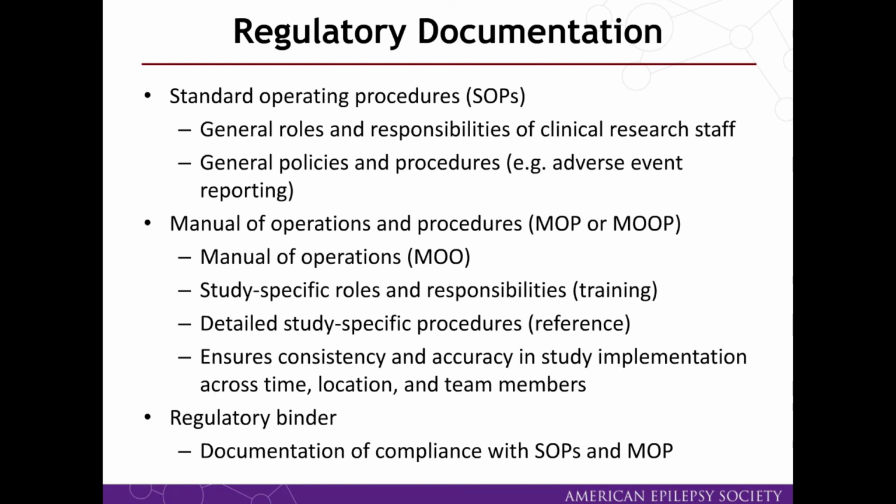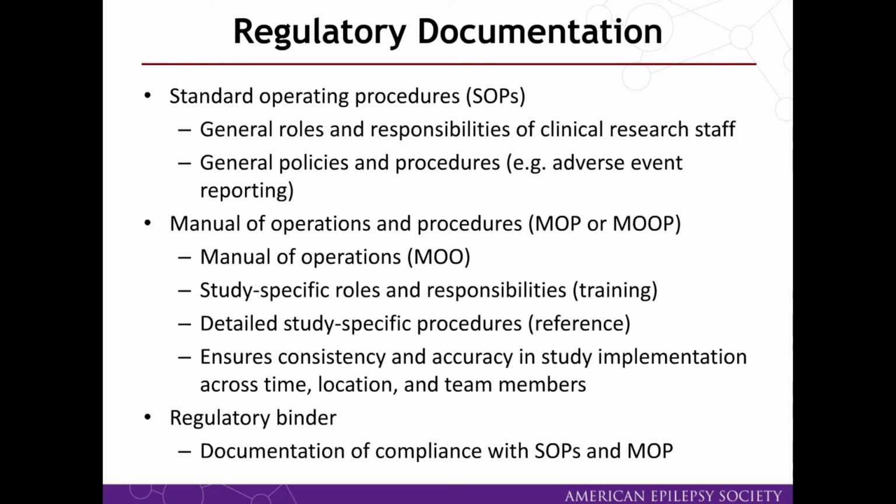So with your regulatory documentation, you'll have three different types of documentation. So the first are standard operating procedures, and these describe the general roles and responsibilities of the clinical research staff and general policies and procedures. So these are usually maintained by your human subjects research group in your institution, and they're across the entire institution.